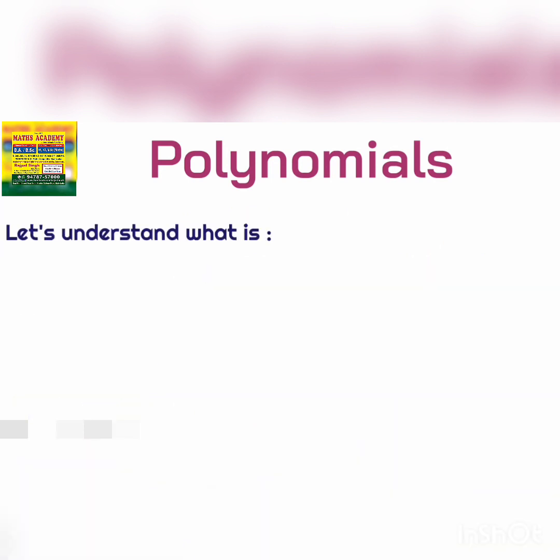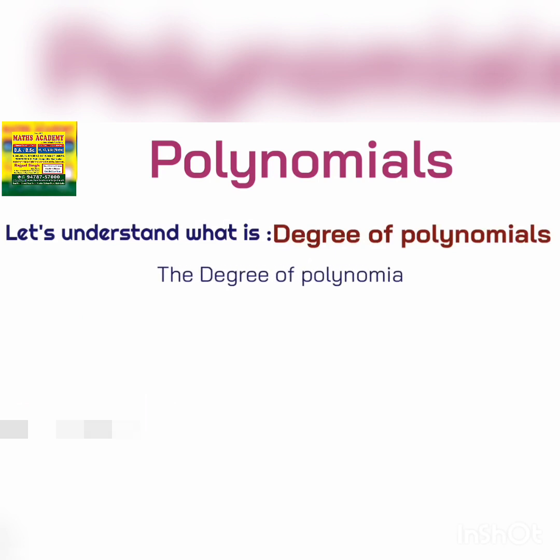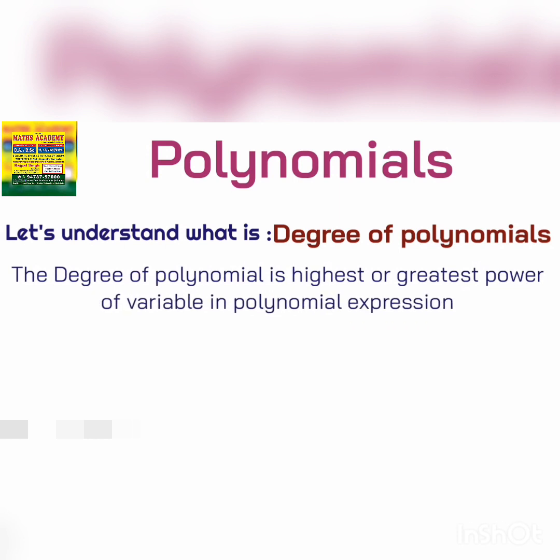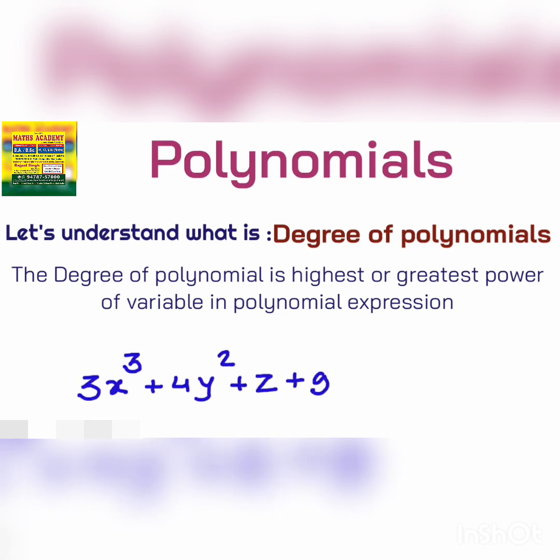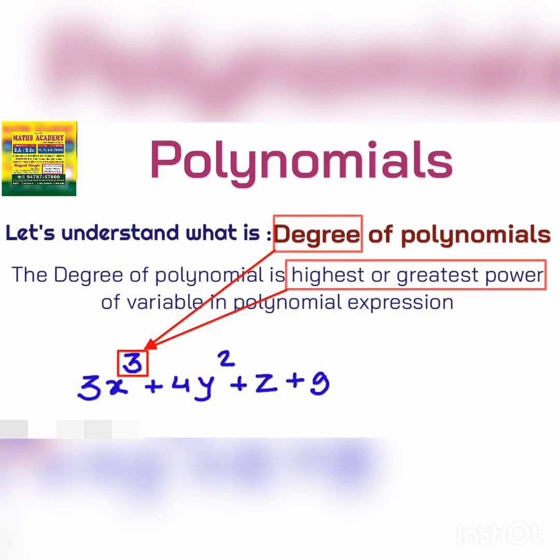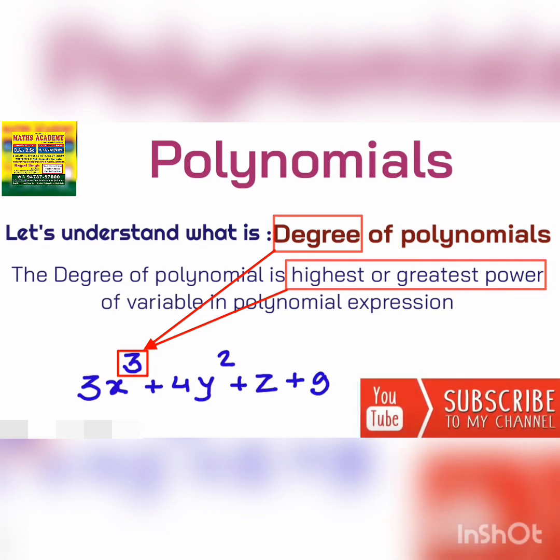Now, let's understand what is degree of polynomial. The degree of polynomial is the highest or the greatest power of variable in the polynomial expression. For example, 3x cube plus 4y square plus z plus 9, the degree of this expression is 3 because the highest power of the variable is 3 in this expression.